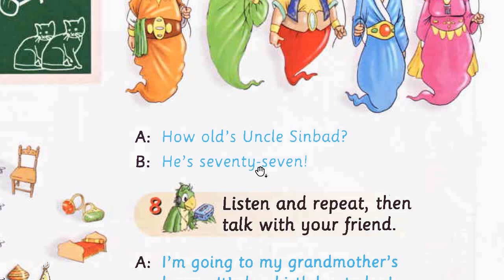Now, pay attention to this number. 70. Can you see the tiny line here? This is called a hyphen. H, Y, P, H, E, N. When you write the numbers from 21 to 99, in writing, you need to have a hyphen.